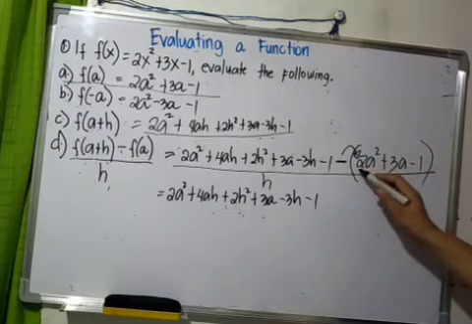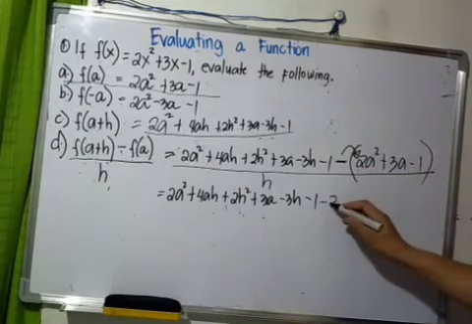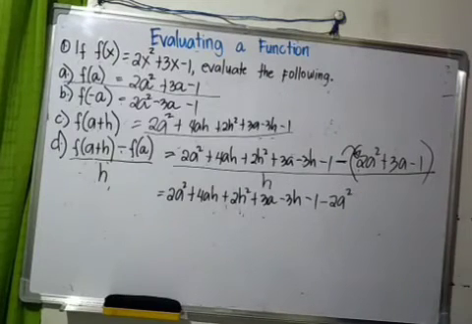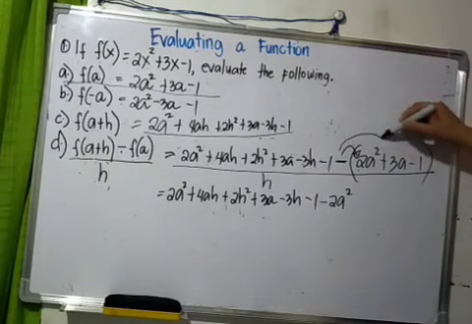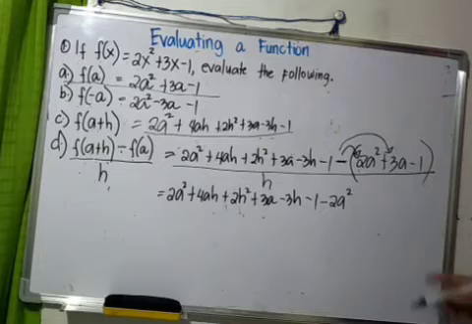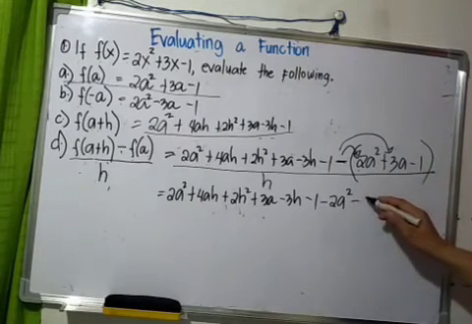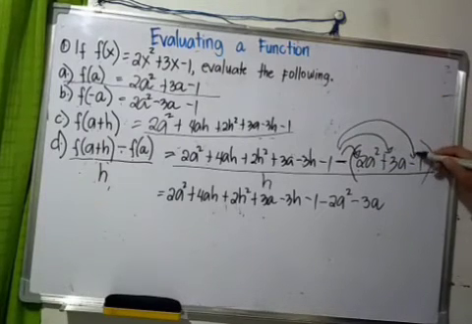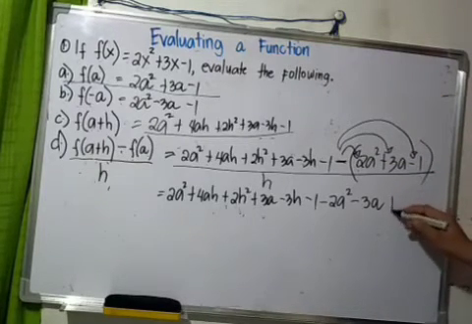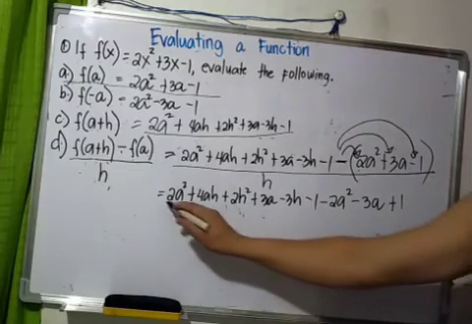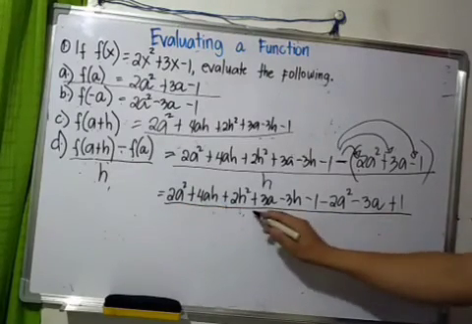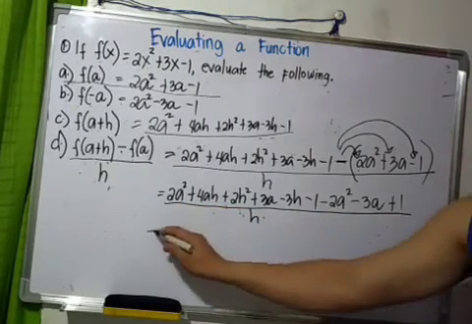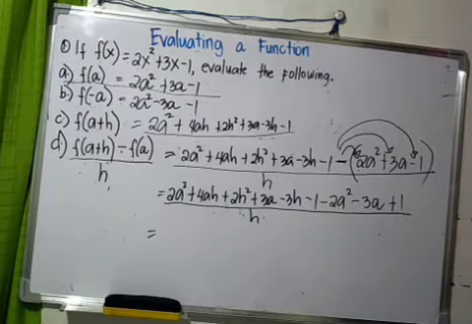So negative times 2A squared, that is negative 2A squared. Then this one, negative times 3A, so that is negative 3A. Then negative times negative 1, that is positive 1 over H.